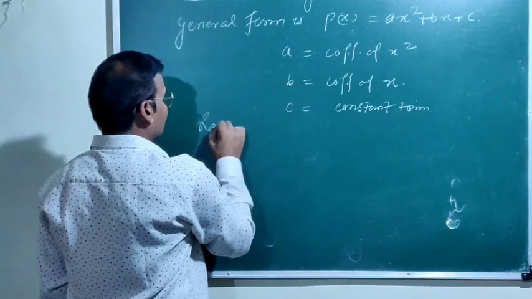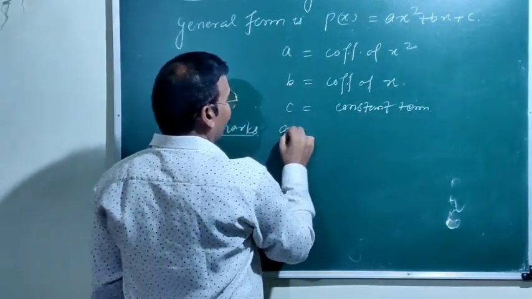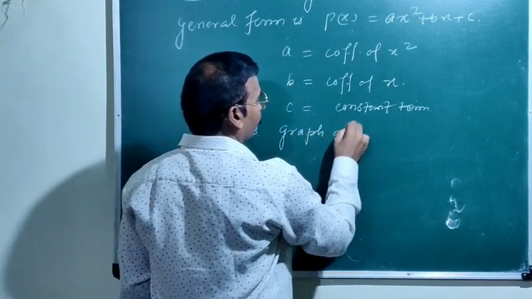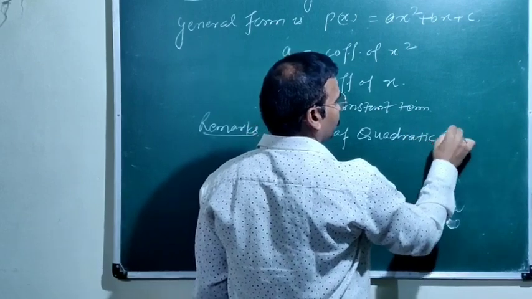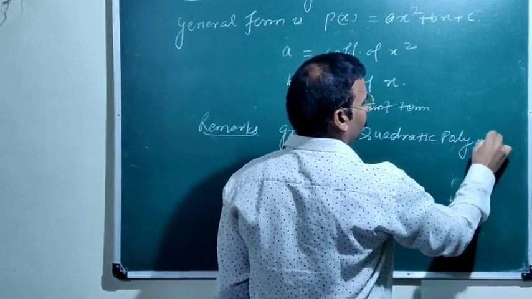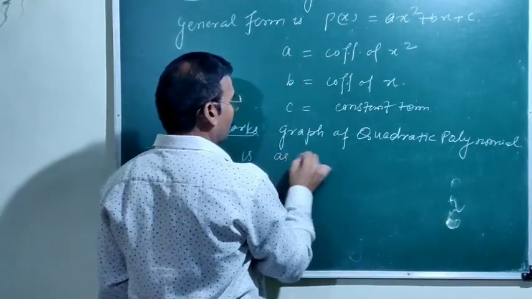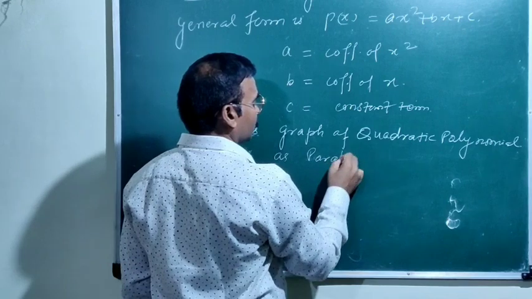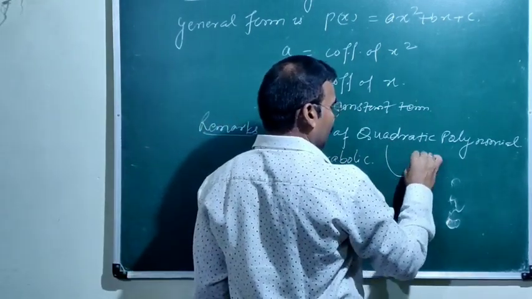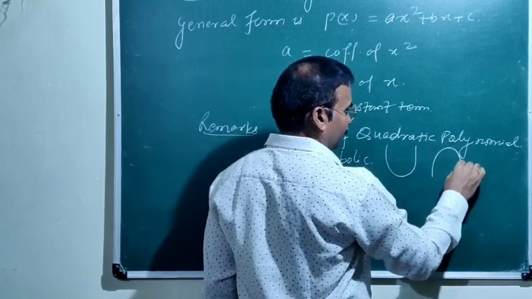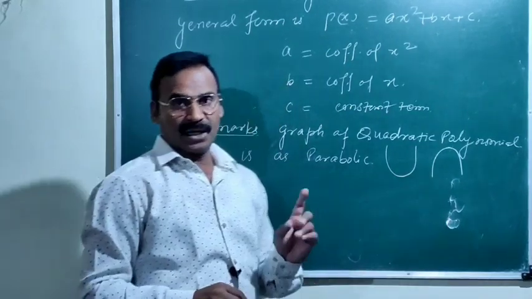Now the remark. The graph of a quadratic polynomial is parabolic. Parabolic, either this shape or this shape. Okay, this curve is called the parabolic curve.